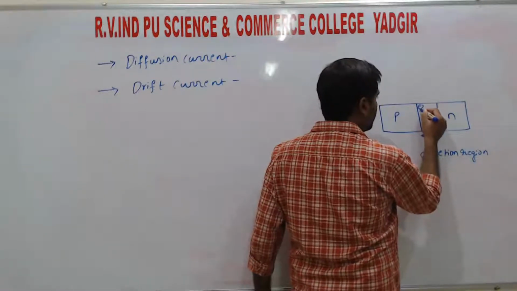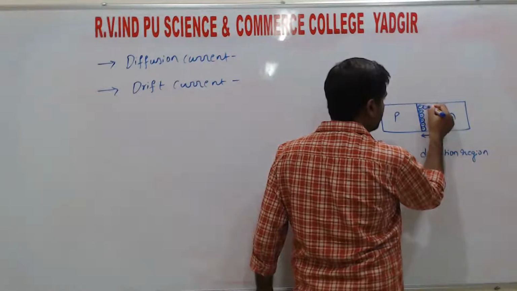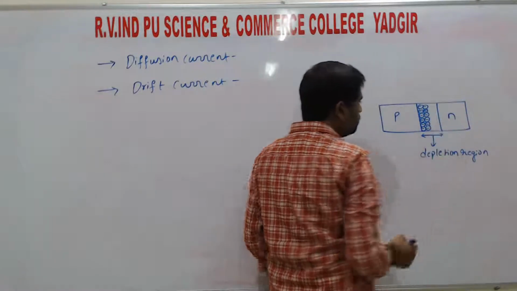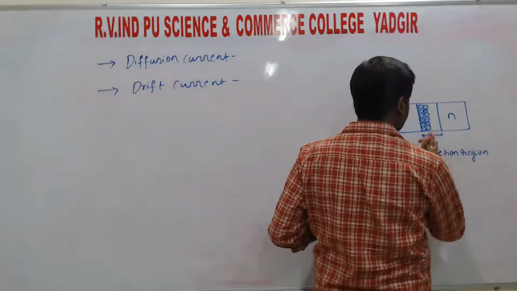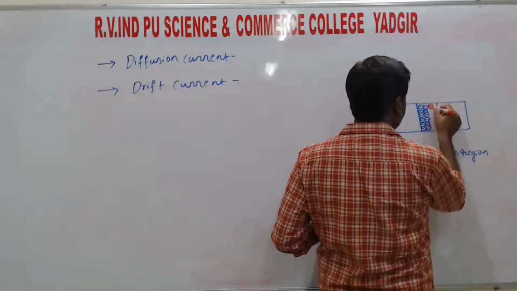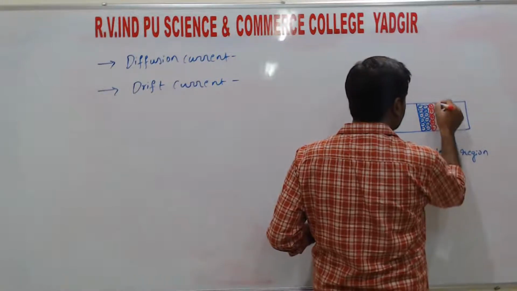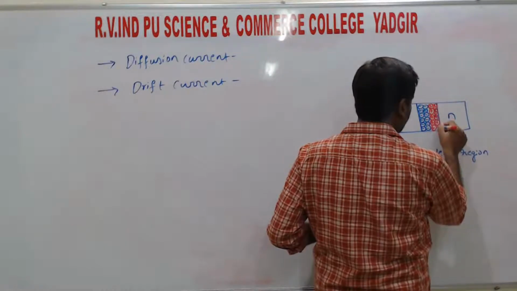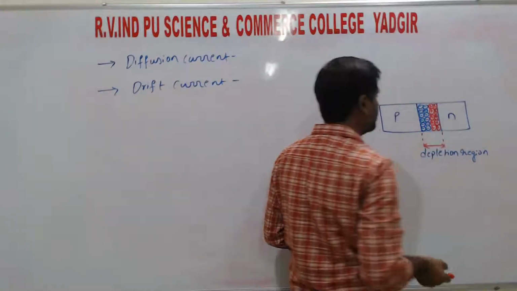On the P side we have minus, and inside we have plus. So this one we are calling the depletion region, right?